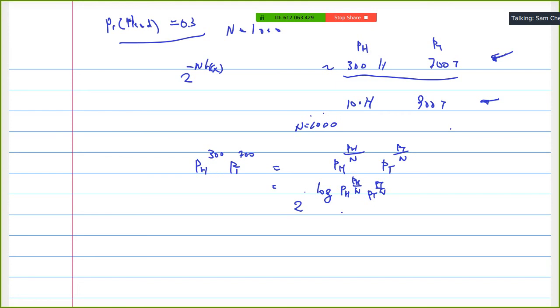Let me just try to continue. This one here is basically just log p head over n, right? And plus p tail log p tail, right?